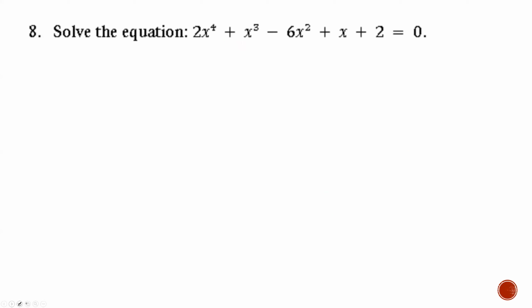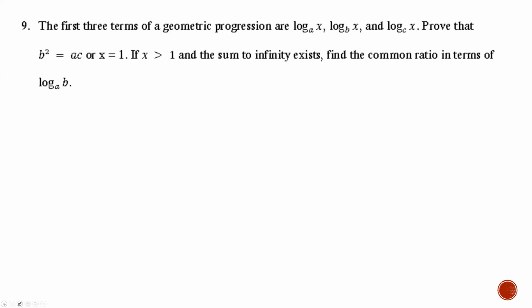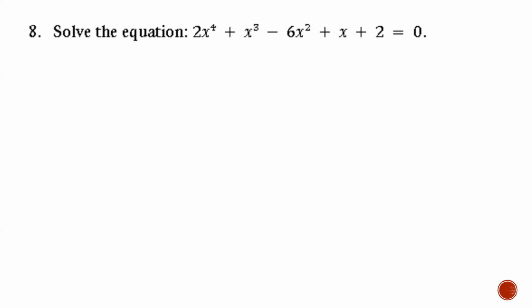Okay, back to question 8. We have another quadratic equation. But in this case, you could decide to do the other thing that we talked about, which was the factors of 2. Factors of 2 are 1, -1, +2, -2.